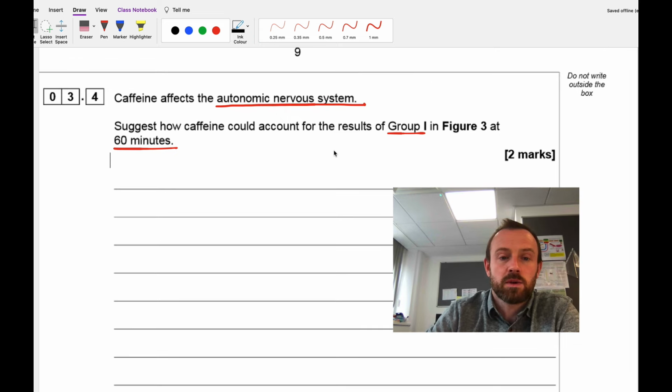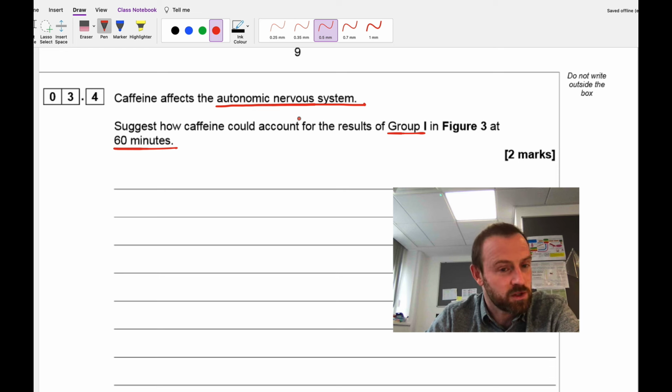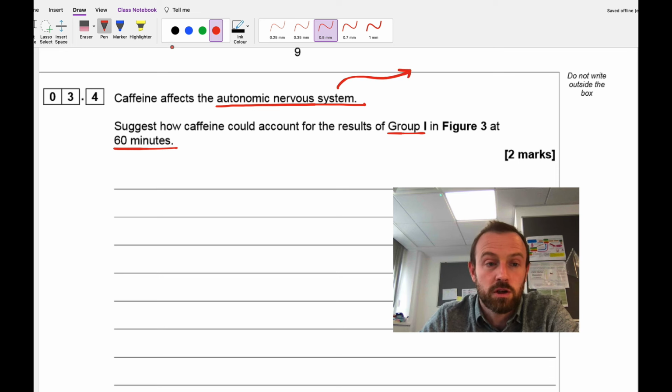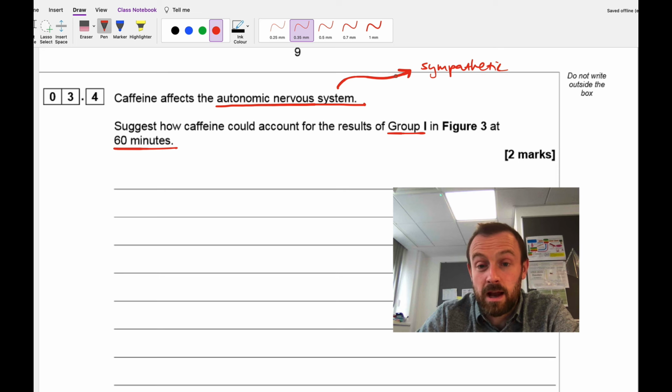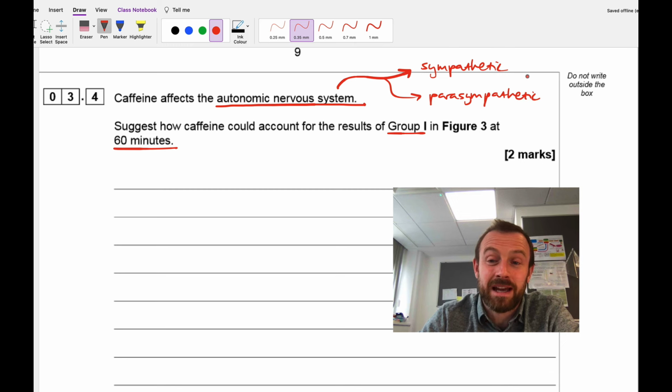So I think the clue is the autonomic nervous system. The question obviously wants us to talk about it. So what is the autonomic nervous system? Well, we've got 2 different branches: the sympathetic and the parasympathetic branches. You need to remember which is the speeding up and which is the slowing down.